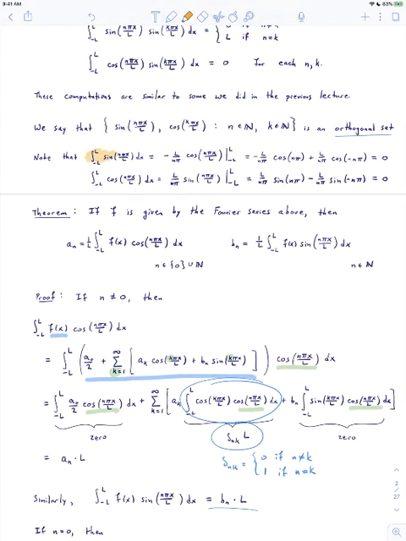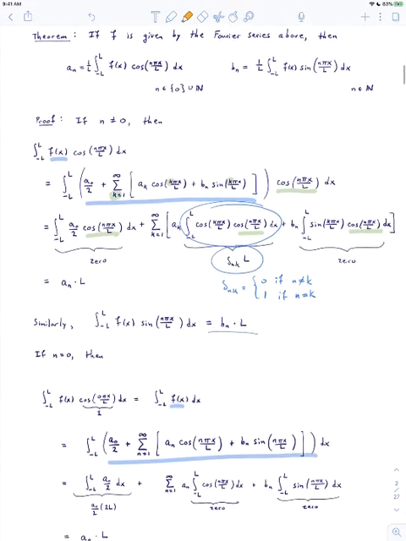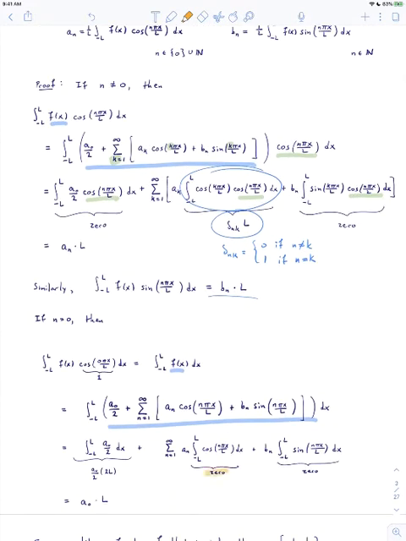If you integrated sine n pi x over L or cosine n pi x over L, you just got 0. So that's what these terms are here. We're just integrating this thing and getting 0. That's 0.